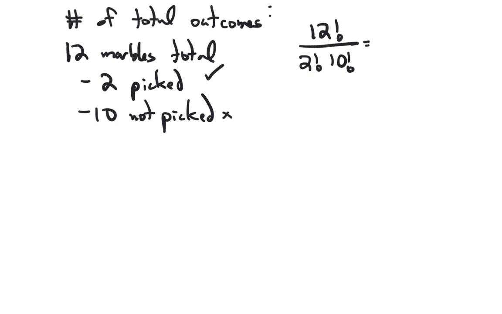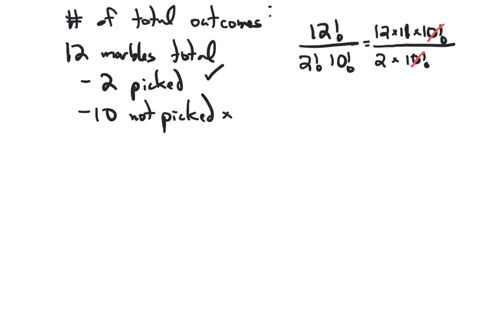And let's figure this out, I guess, by hand, because it's quite easy. So it's going to be 12 times 11 times 10 factorial over 2 factorial, which is just 2 times 1, times 10 factorial. And we can cancel off these 10 factorials.